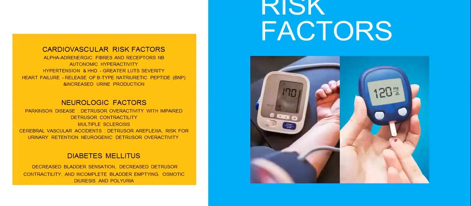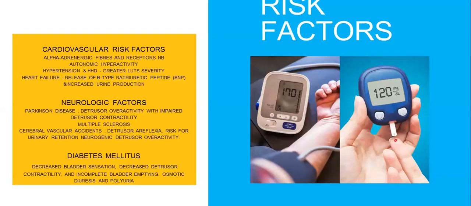Then just briefly touching on the cardiovascular risk factors, again, autonomic hyperactivity is believed to be involved in the development. Heart disease and hypertension are associated with greater severity of LUTS. Heart failure, changes in cardiac ventricular pressure, release of BNP, can increase urine production, resulting in worsening of symptoms, especially nighttime symptoms.